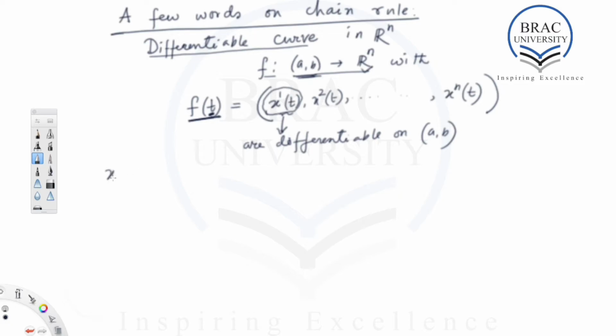The xi's are functions from R to R, in this special case from the open interval (a,b) to R. We already know how to study such functions from single variable calculus. It's pretty simple in that context.